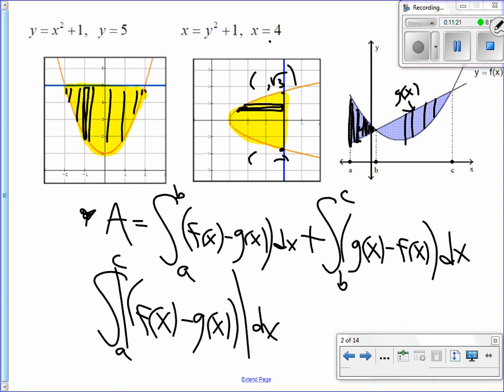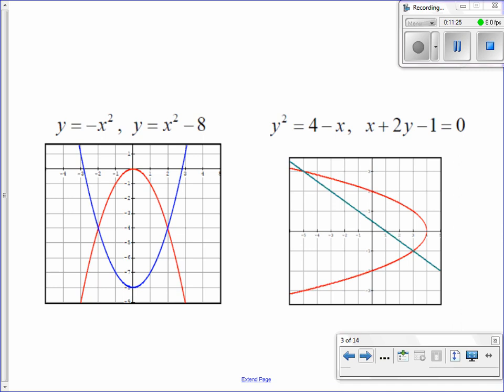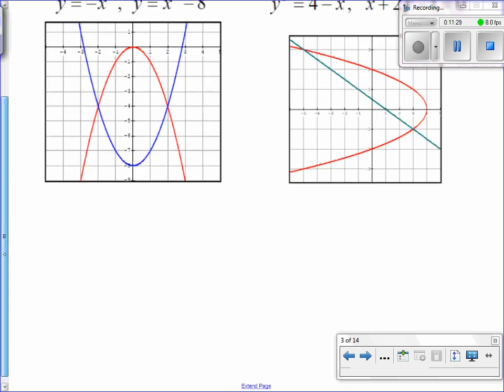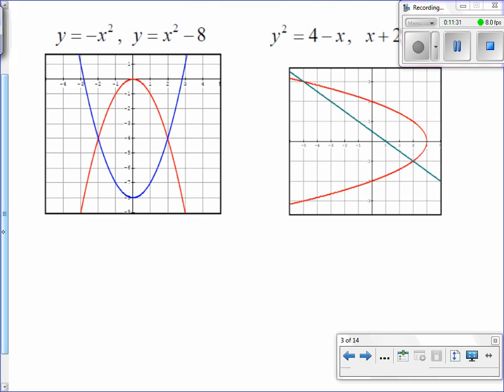Alrighty, let's try the next one. Okay, now, this next one here. We want this area, this region in here. Are you going to use vertical or horizontal? Because if you try to do horizontal, you would need more than one integral.